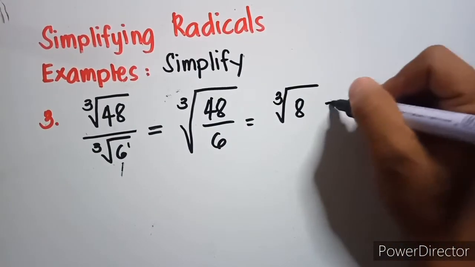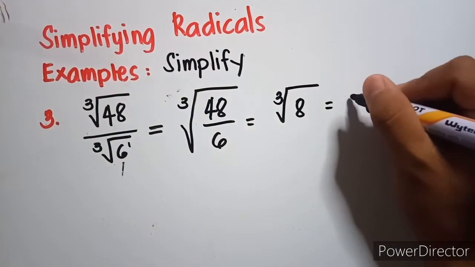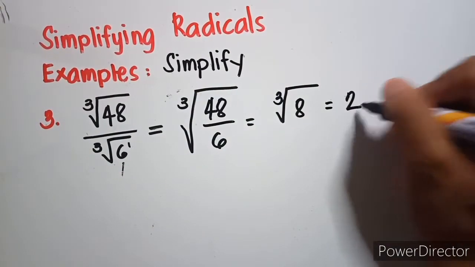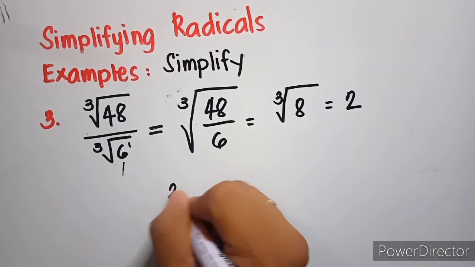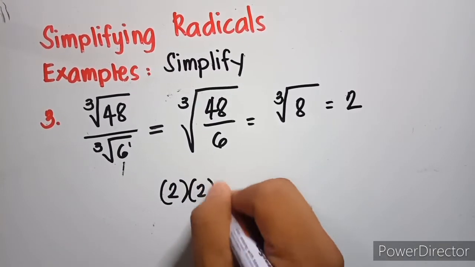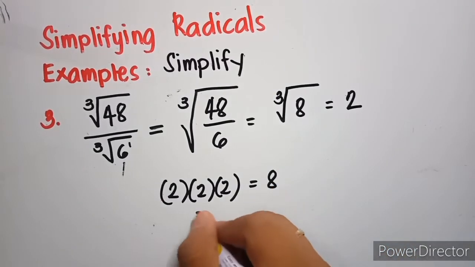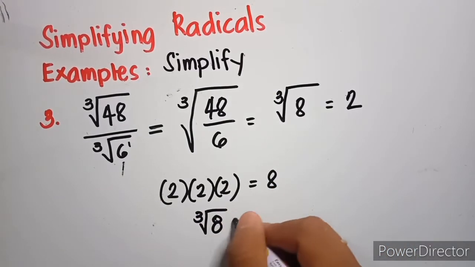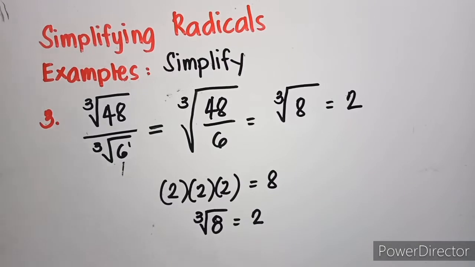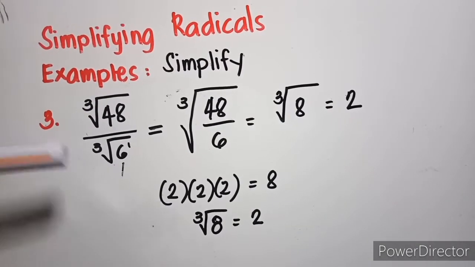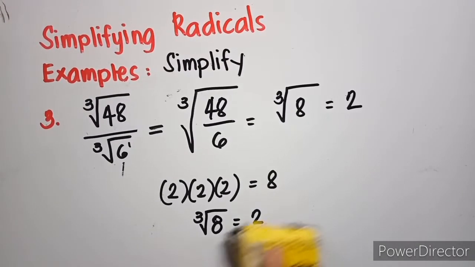So, 8 is a perfect cube number and cube root of 8 is equal to 2. Bakit? 2 times 2 times 2 is equal to 8. Then, cube root of 8 is equal to 2. So, any method, kung kayang i-divide, pwedeng yun na ang gamitin ninyo as you solve the problems given to you.